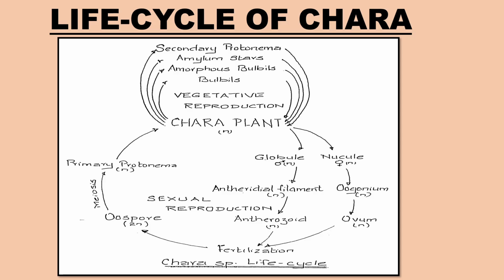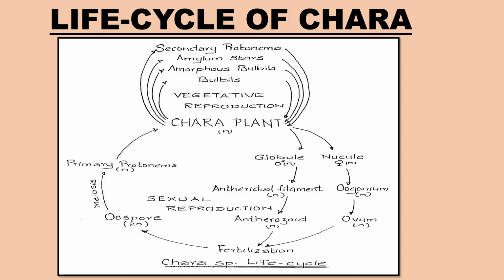Chara shows advanced oogamous type of sexual reproduction. The male sex organ globule gives rise to the antheridial filament from which arise the anthrozoids. The female sex organ, nucule, forms the oogonium which contains the egg or ovum.